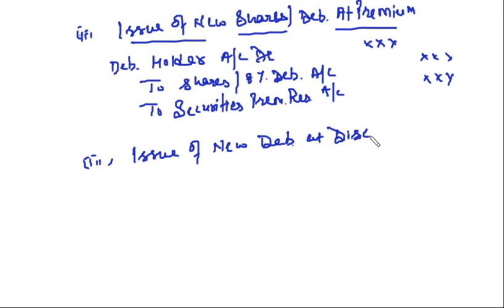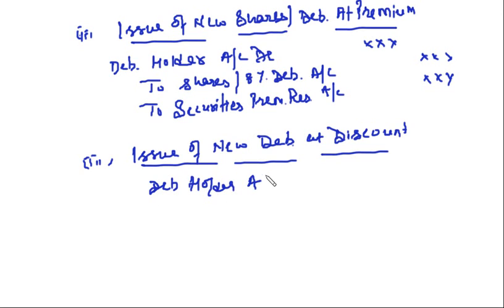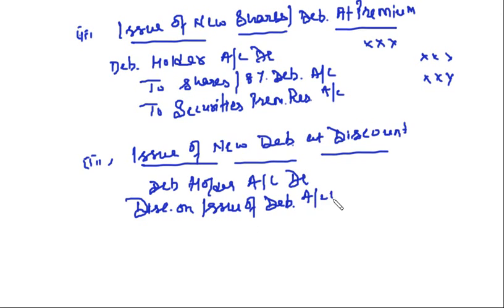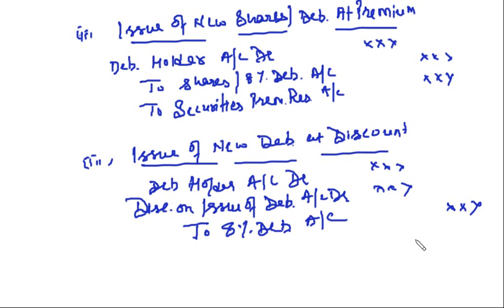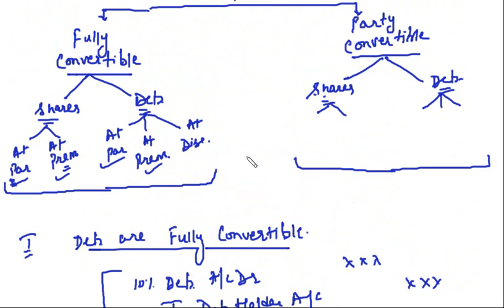Here I will not take shares because shares cannot be issued at discount. Right? Then debenture holder account debit, discount on issue of debentures account debit to say I have issued 8% debentures to 8% debenture account. Clear? So we have discussed this case also.